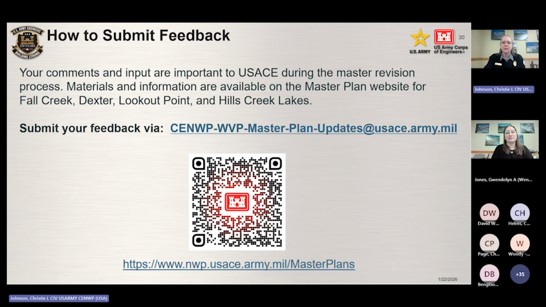And since the Oregon Parks and Recreation Department manages many of the parks at Fall Creek and Dexter, that would be a suggestion that we could provide them and they may be able to incorporate into their plans. And if it's something that they are interested in, we can incorporate it into our plans. So that's a very good suggestion. And the State Marine Board has been a great partner across the Willamette Valley with a number of land managers with great designs and funding and all sorts of technical support for multiple types of ramps. And so that's a state agency that we'll definitely work closely with as we revise this master plan.